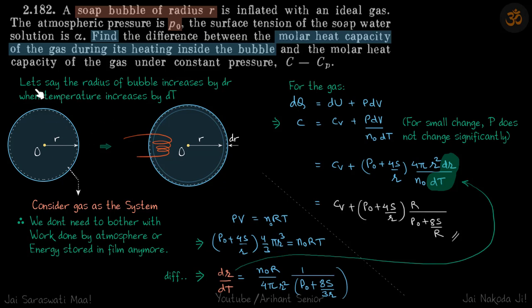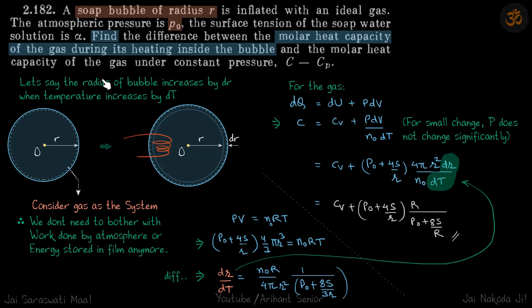So let's say the radius of the bubble increases by dr when the temperature increases by dT. We are considering the gas as the system, so we don't need to bother with work done by the atmosphere or energy stored in the film anymore, unlike the previous problem.